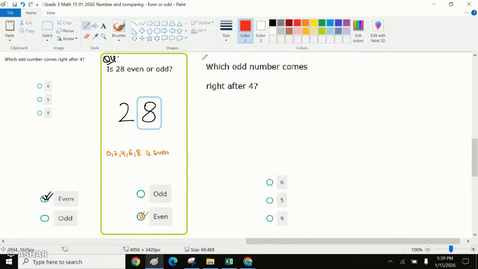This would be question number 5. Which odd number comes right after 4? Odd number. They're not saying even. They're saying which odd number comes right after?